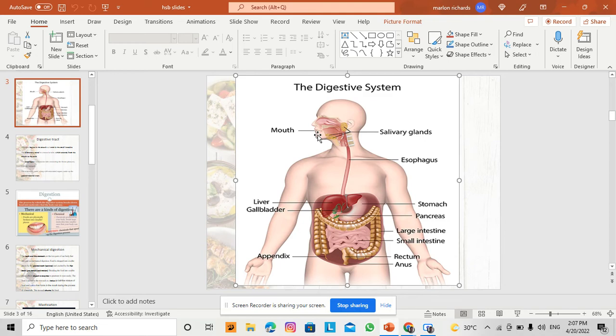Assimilation is the point wherein glucose is absorbed into the blood, and then when we are doing any physical activity or exercise, that glucose is used up.